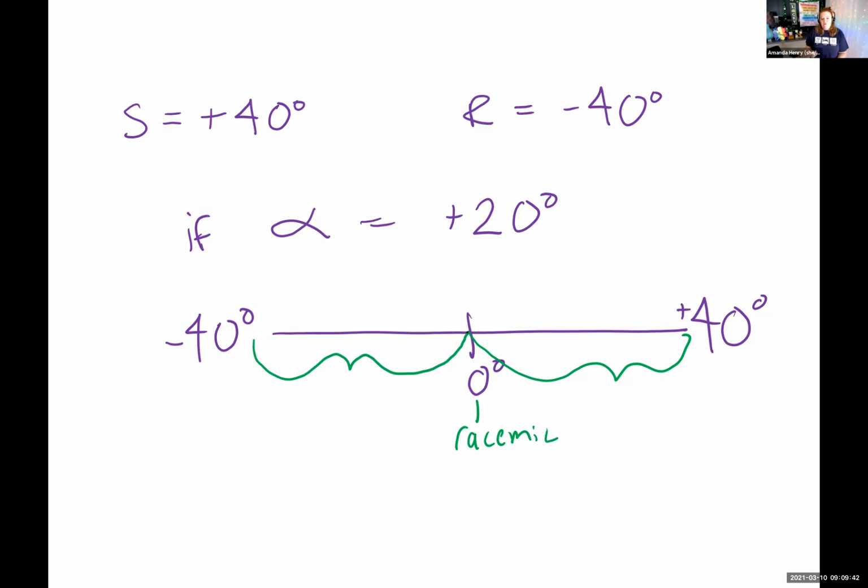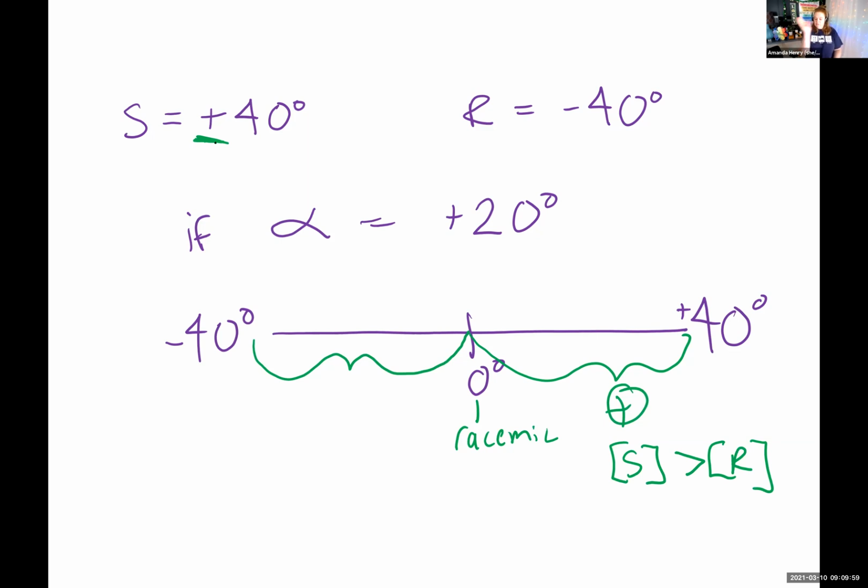There we go. If we're between 0 and 40, so anything on the positive side, that means that the concentration of S is bigger than the concentration of R, because S is the one with the positive rotation.